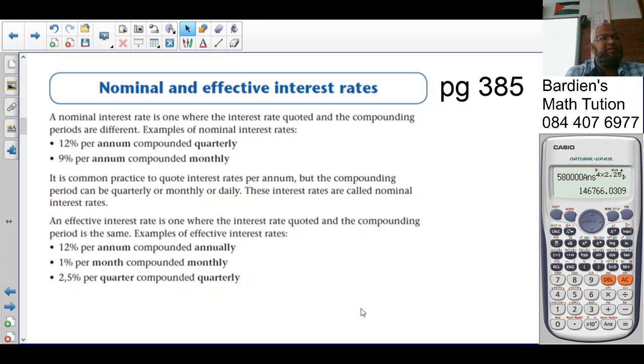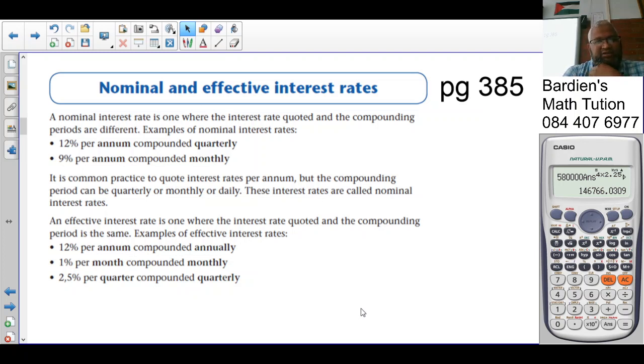You guys understand? And then if that is your nominal, your effective interest rate is going to be when it says compounded yearly. Does it make sense, people? Alright. Then we are told that it's common practice to quote interest rate per annum, but the compounding period can be quarterly, monthly, daily.